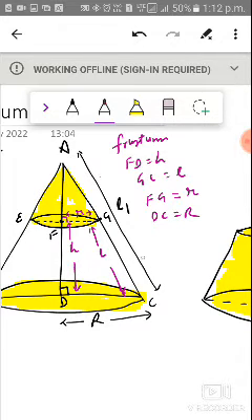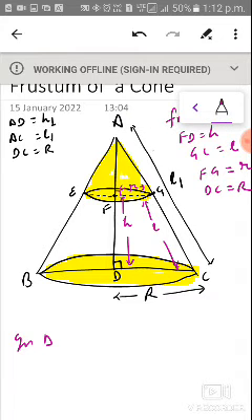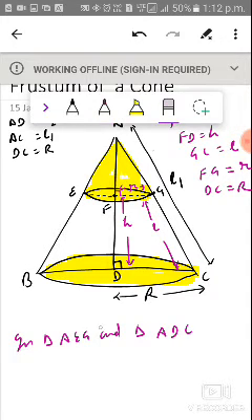Now first of all, let us take triangle AFG and triangle ADC.